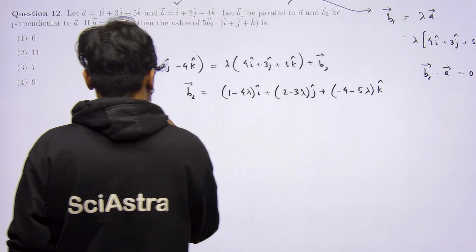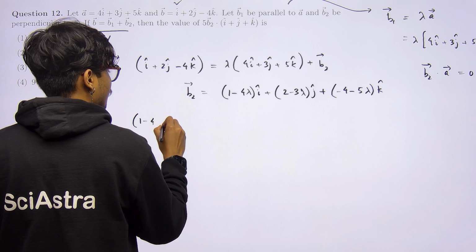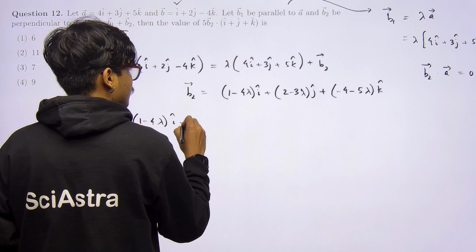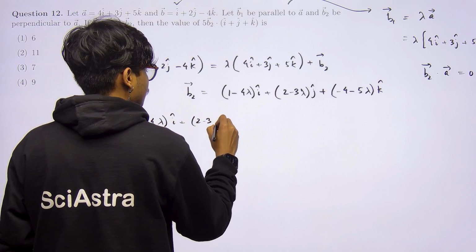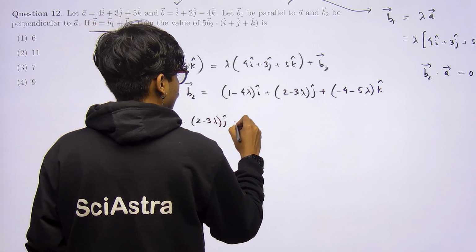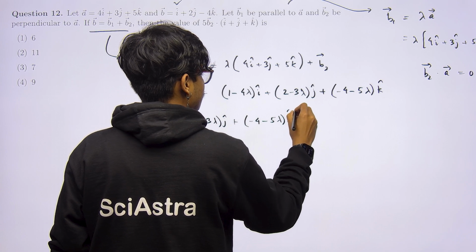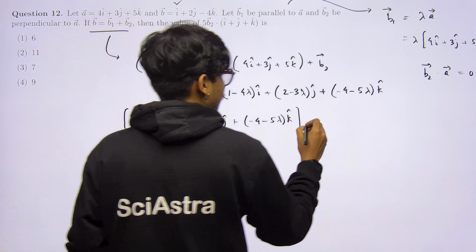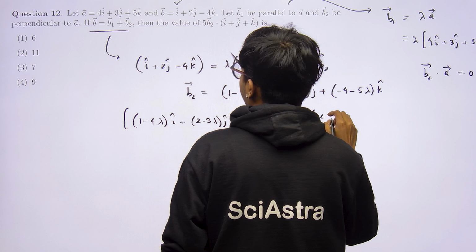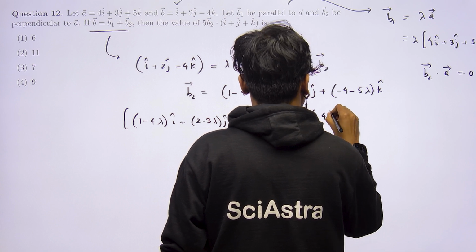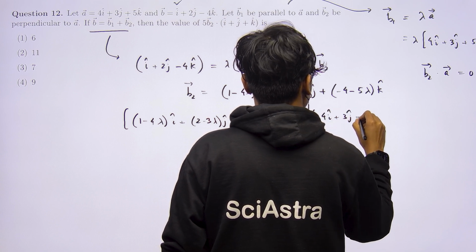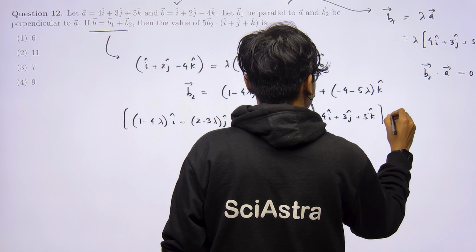So from there, I can write down that (1 minus 4 lambda) i cap plus (2 minus 3 lambda) j cap plus (minus 4 minus 5 lambda) k cap, this vector, if I take the dot product with a, which is nothing but 4i cap plus 3j cap plus 5k cap, this should be 0.